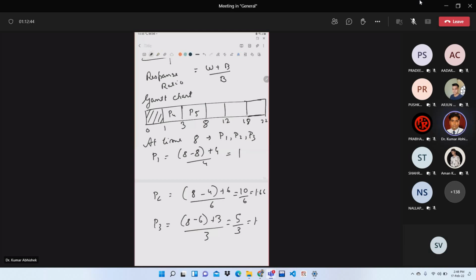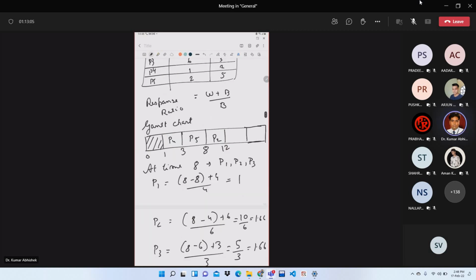So P2 will work over here because there is a tie. If there is a tie, we will break it by FCFS, and arrival time of P2 is before P3.